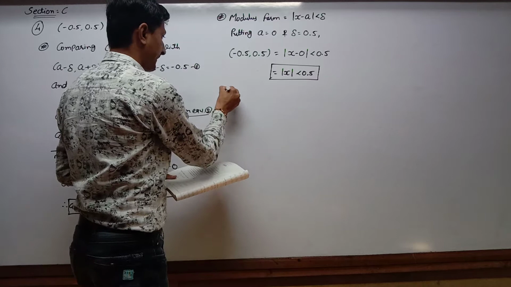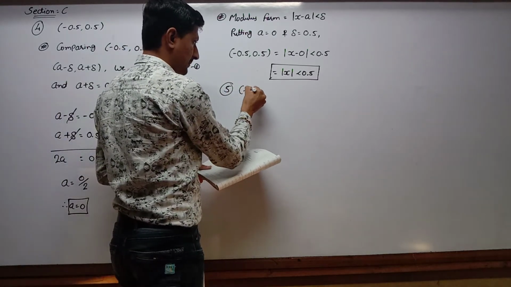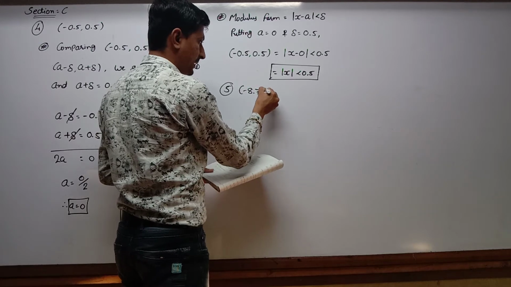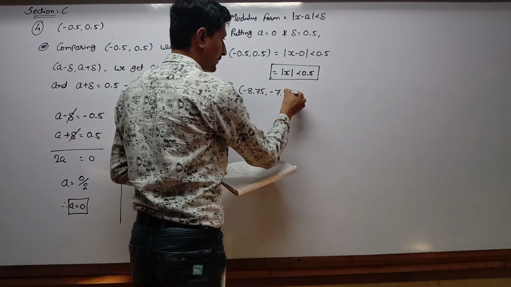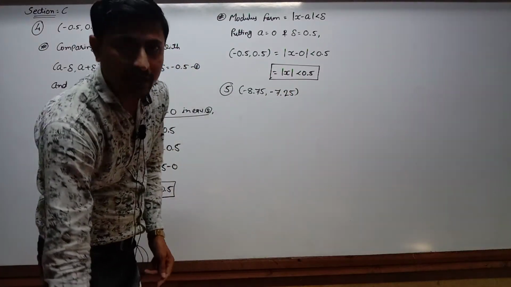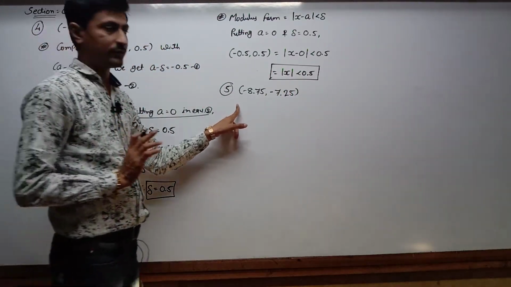Okay. Fifth question, minus 8.75 to minus 7.25, interval form is given. Find the neighborhood form.